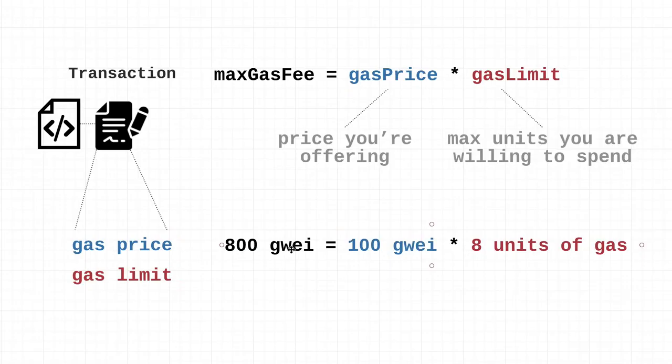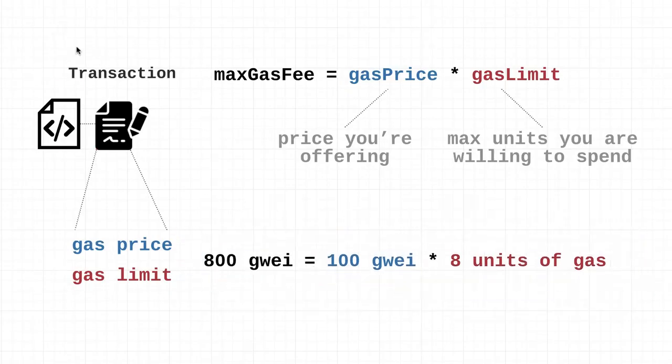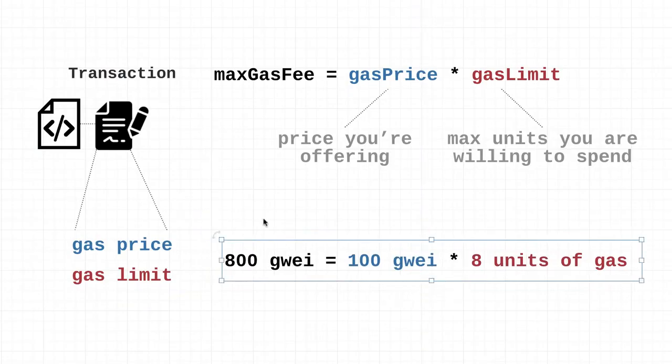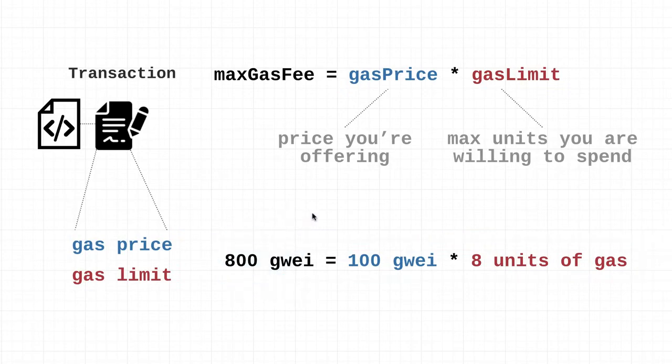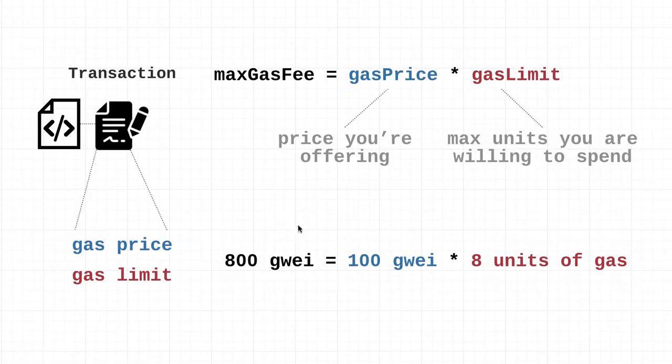Now, I say maximum rather than a hard-coded gas fee, because let's say that a node was processing this transaction, and after running the entire logic in the smart contract, it realized that it actually only costs 600 gwei. That 200 additional gwei is not something that you overpay. It's actually returned to you as the user. So again, this is the maximum gas fee for the transaction, but it's often higher than the actual gas fee.